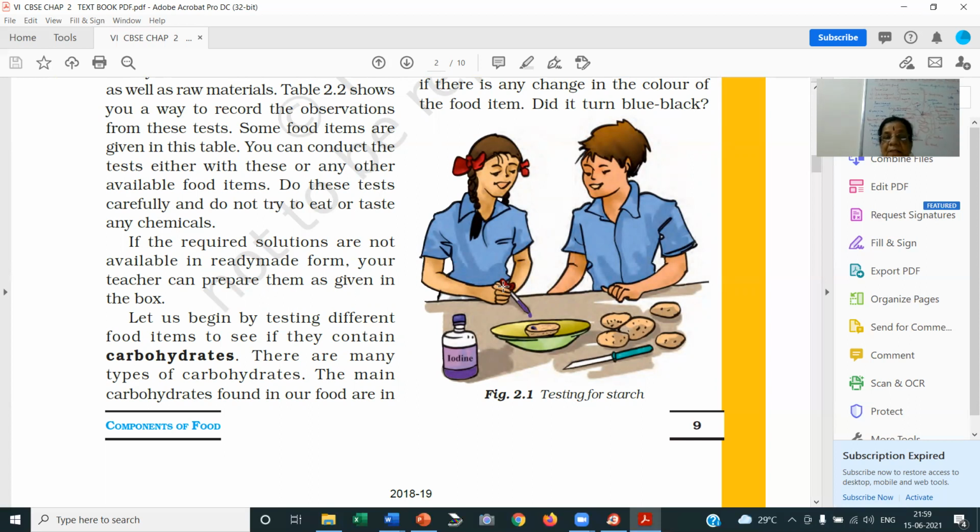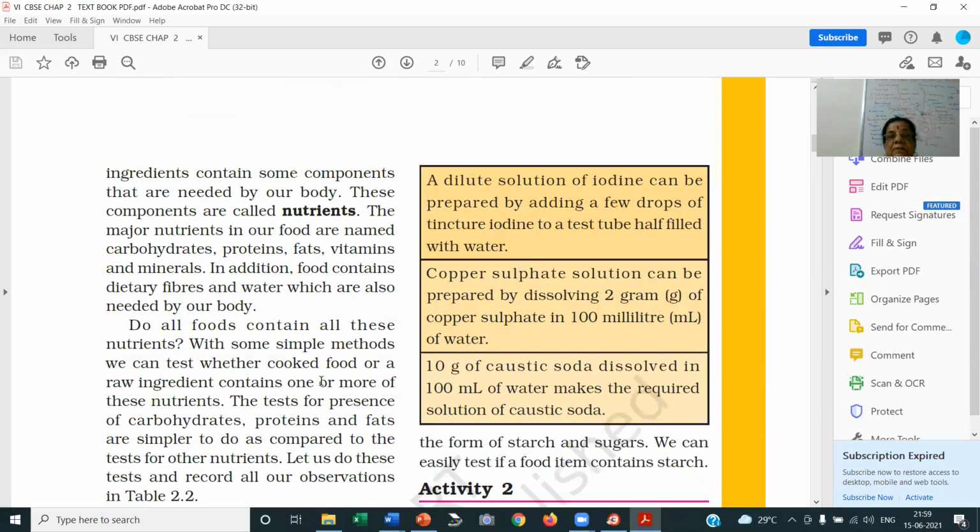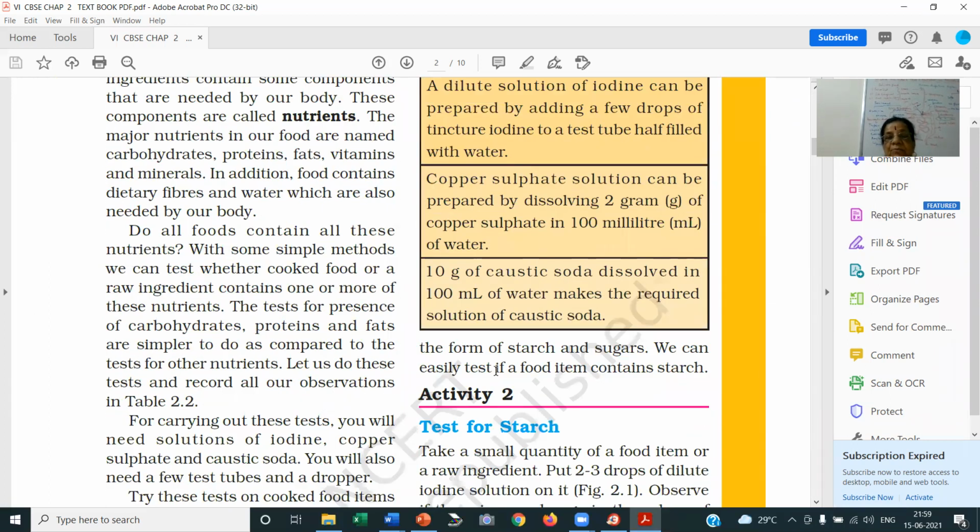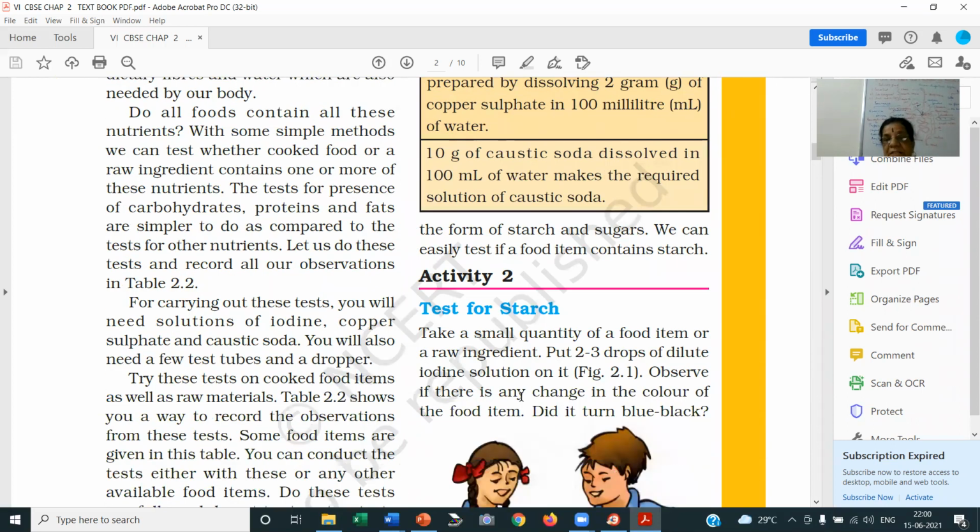Very clear? So this is testing for starch. Now there may be many types of carbohydrate. The main carbohydrates found in our food items are in the form of starch and sugar. So that's the test for starch.